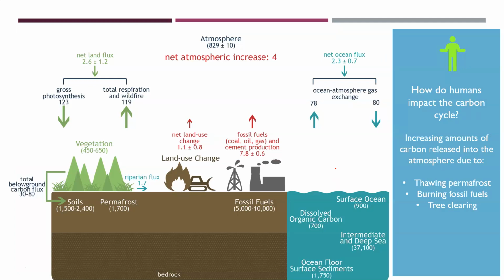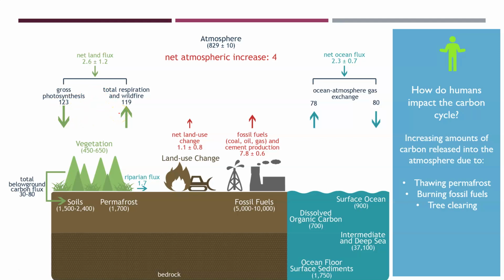So how can humans impact the carbon cycle? I want to draw your attention to the processes. The arrows are our carbon sources, and we've got our sinks. Within vegetation, carbon is moving in and out through photosynthesis and respiration.